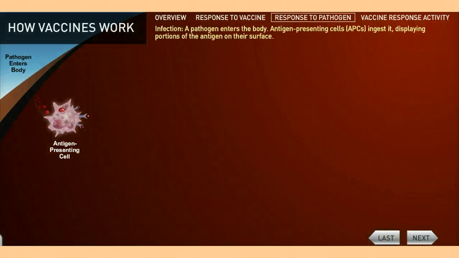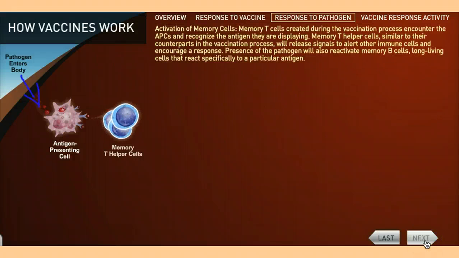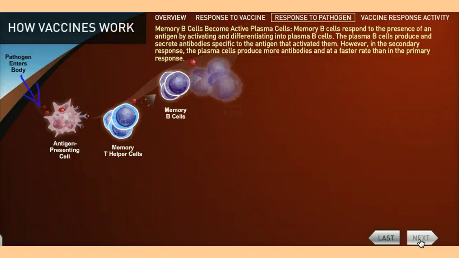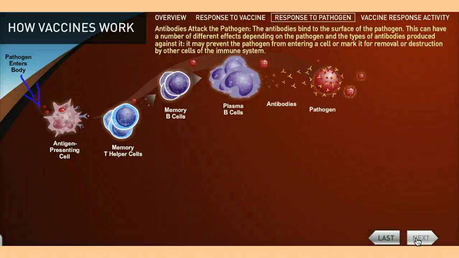So now let's look at what happens when the pathogen comes in, and this is not administered by a vaccine. This time, the stronger strain is coming in with the same antigen that is present. Your memory cell shows up in response, and your memory cell will then release the antibodies.